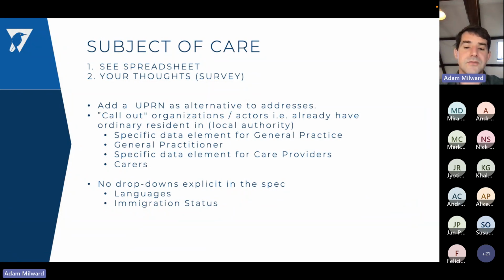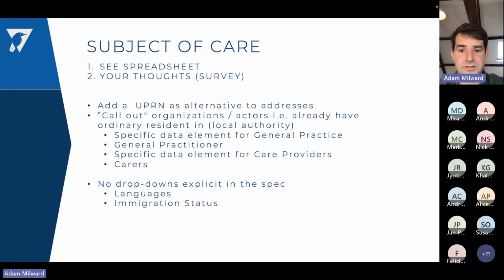One of the bits of feedback was that we should be using a UPRN as an alternative to the text-based address information. That's something we're going to bring in. We've got links between organizations and actors, so things like ordinarily resident in.